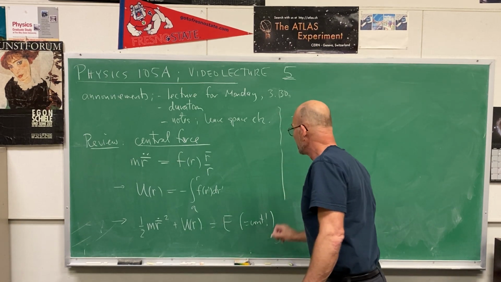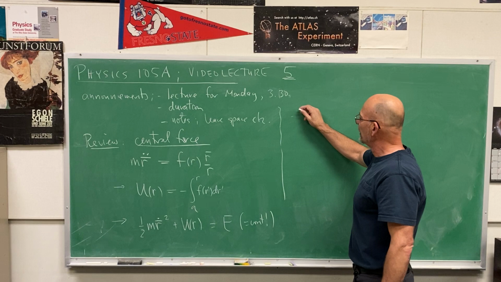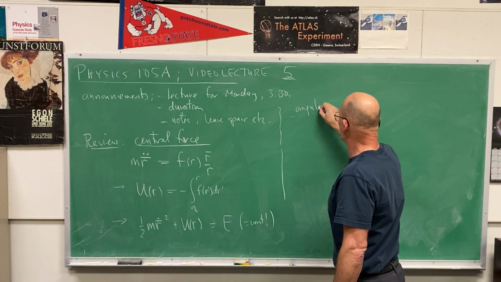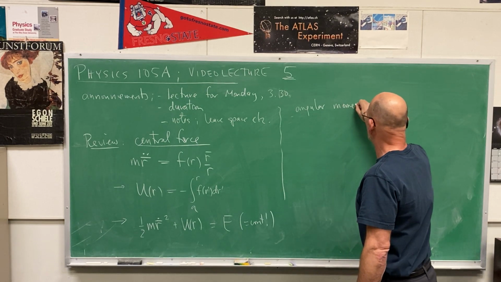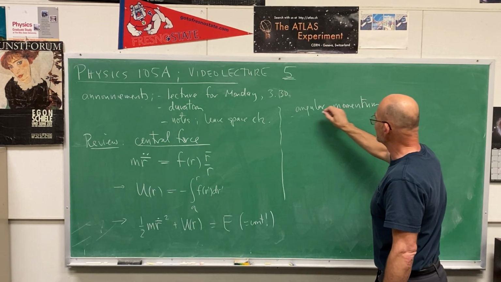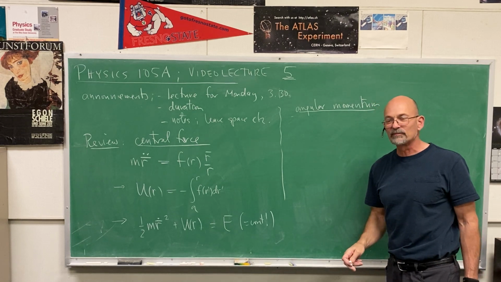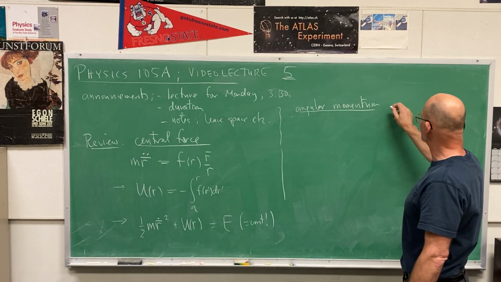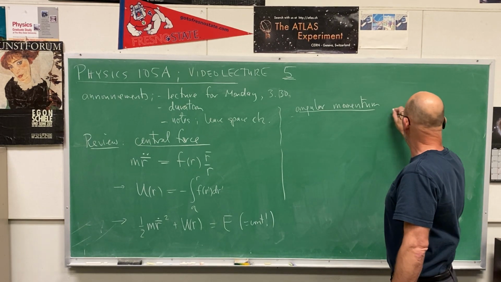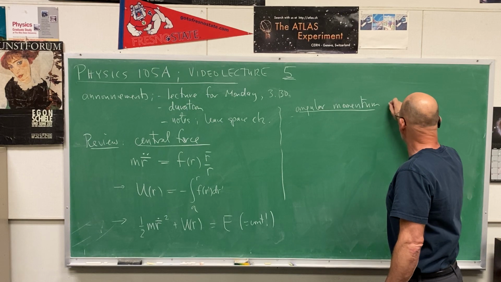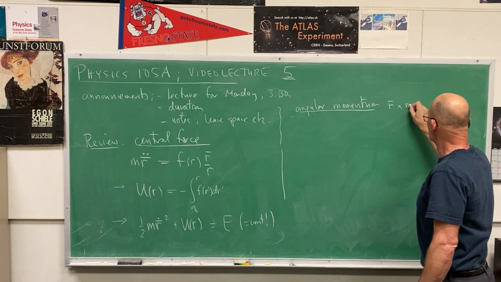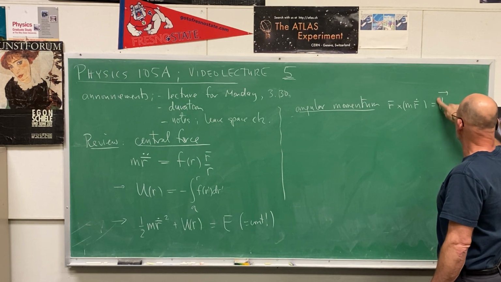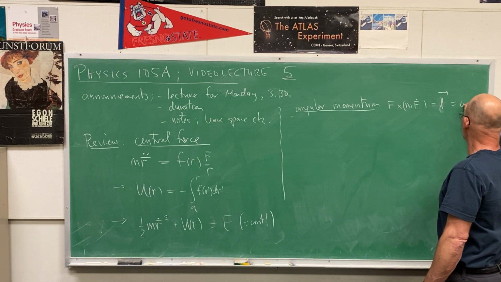Then I introduced the angular momentum. I can't claim that it was especially motivated at this point, but it certainly was true, and we found that the angular momentum, r cross m r dot, equals L, is constant.